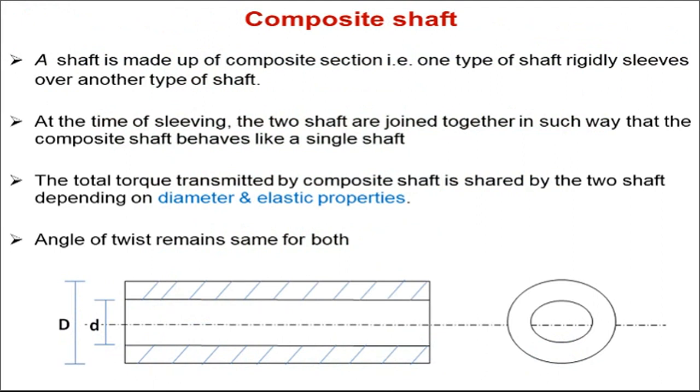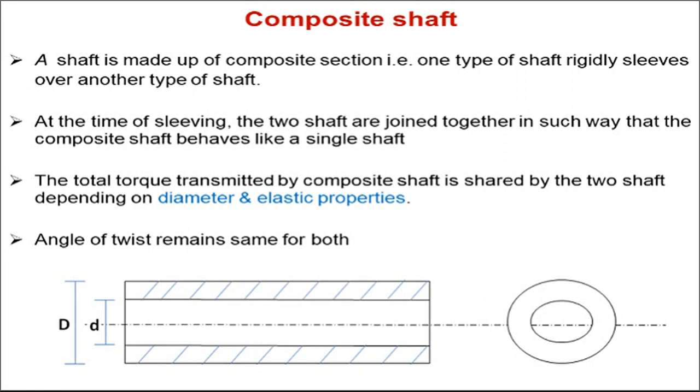First of all, a shaft made up of a composite section means that the shaft is made up of two different materials of different diameter. That is, one shaft is rigidly sleeved over another shaft. If both of these shafts are of different diameter, then one shaft can be sleeved into the larger diameter shaft.